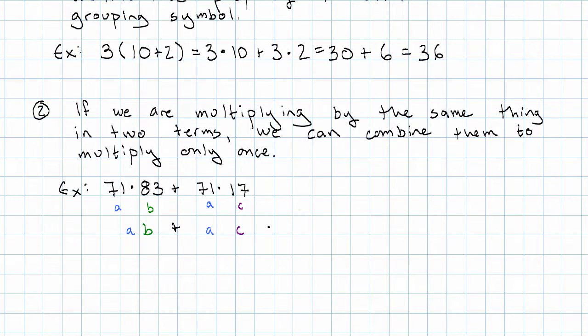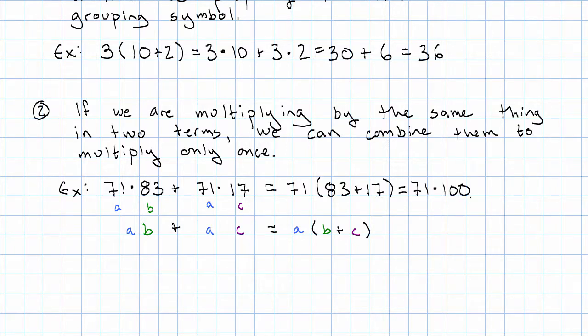The distributive property tells me that that's equivalent to a times the sum b plus c. So, looking at my numbers, 71 is my a, 83 is my b, 17 is my c. And now I notice that something good happens when I add 83 plus 17.